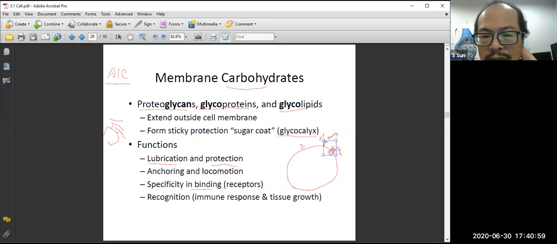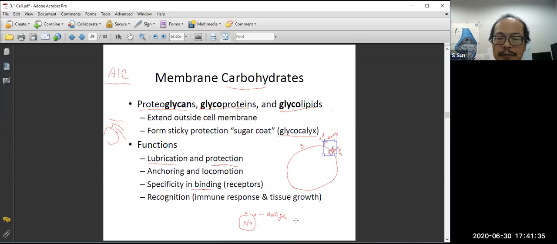And another one is the cell type. For example, the red blood cell, RBC, would have this glycoprotein attached to it, and this glycoprotein will define the type of your red blood cells. This will be the antigen.